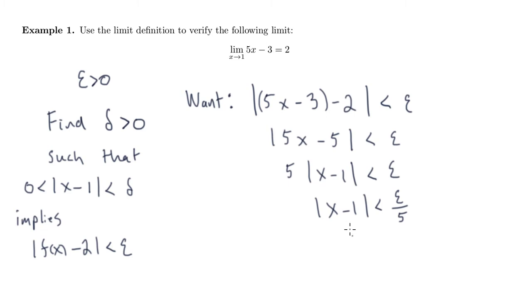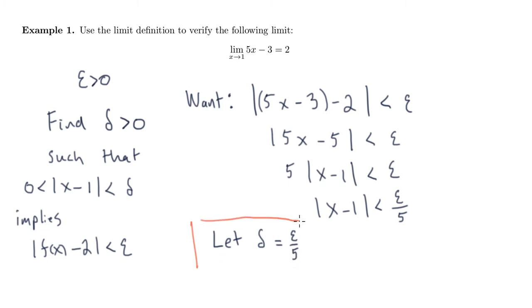So what does that mean? That means if the absolute value of x minus 1 is less than epsilon over 5, I can just work backwards and see that f of x is within epsilon of 2. So what that means is I want to let delta equal epsilon over 5.